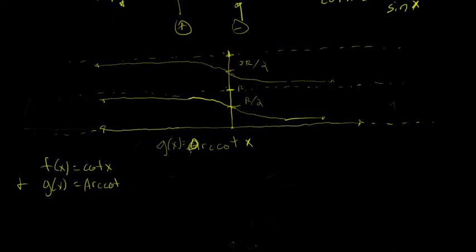This is actually the lowercase arc cotangent. These two are inverse functions.